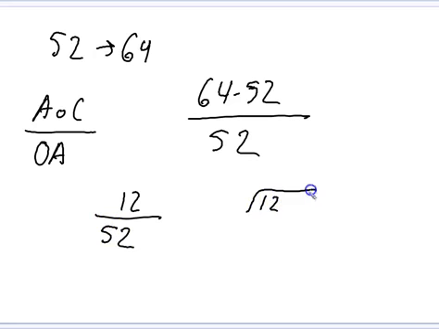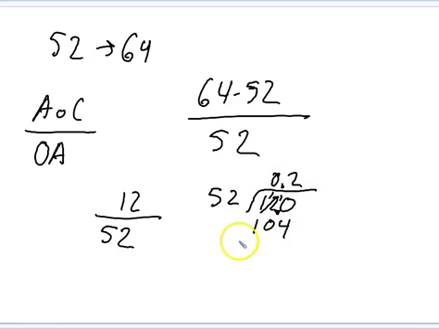12 goes on the inside, 52 on the outside. 52 is not going into 12, so we put our 0 and decimal. Then 120. 52 goes into 120 twice. We get 104. Cross that out, make it a 1.